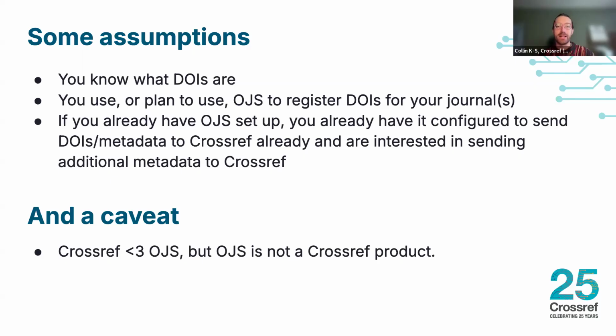And I'm specifically going to be talking about articles in this webinar because OJS as a platform is geared towards supporting articles rather than books or reports or chapters or anything like that. Of course, the general guidance about metadata is the same, but it's not going to be the same specifically for other content types related to OJS, which is journal specific.